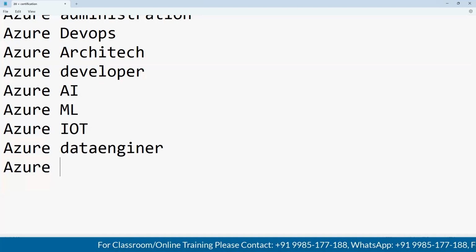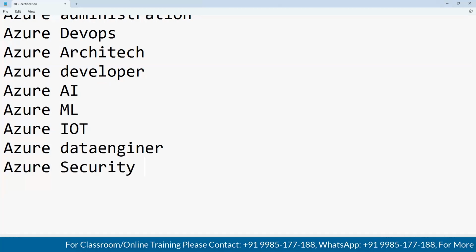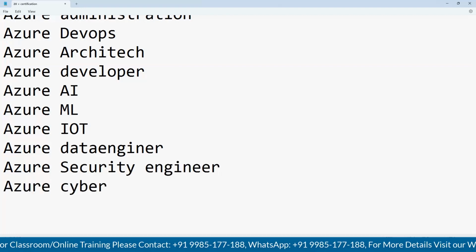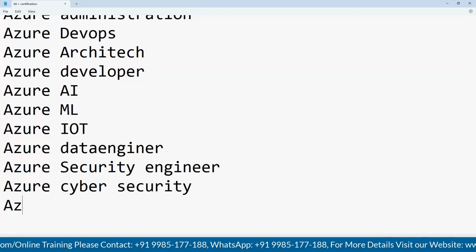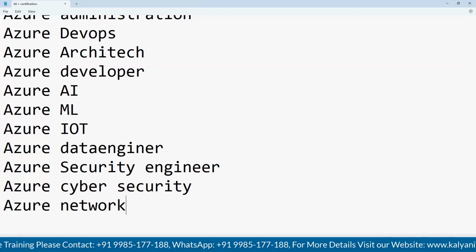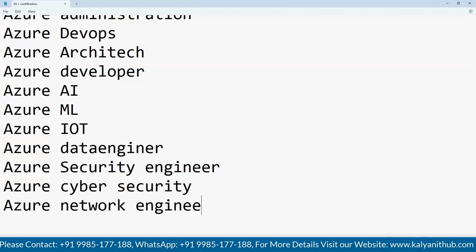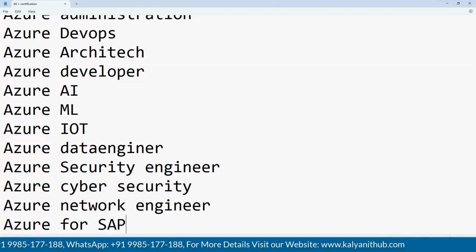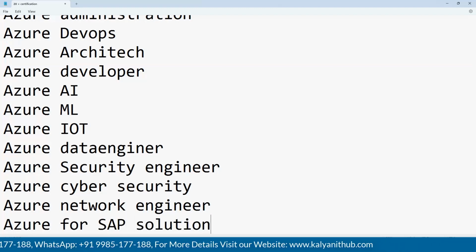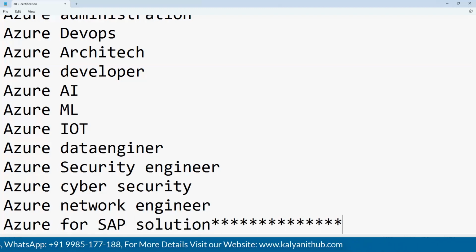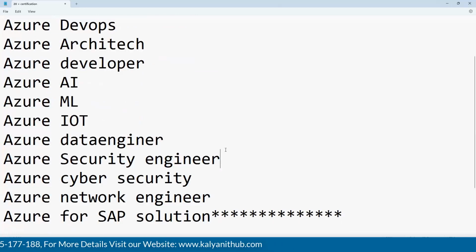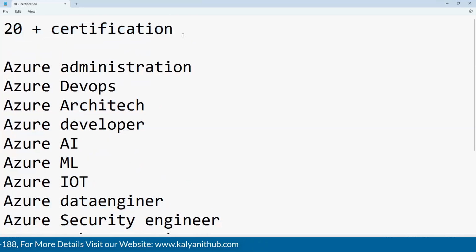Next, Azure security engineer, Azure cyber security, and the same way we have Azure network engineer. Azure for SAP solutions is new; they have introduced it especially for SAP solutions. Here I listed around 10, but we have 20 plus certification papers.